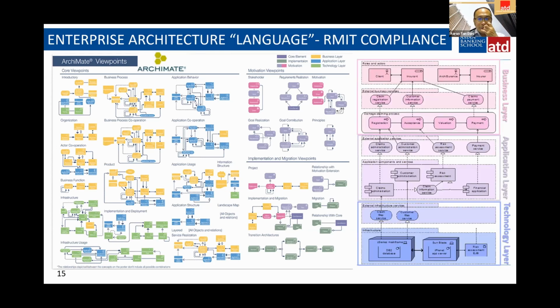Okay, so with that we can connect business, application, and technology nicely and neatly, right? This is what we need to have to understand the impact of any changes or transformation that we have. And of course, this will support the RMiT compliance, a no-brainer. You have this, you can almost automatically comply, because I've read it a couple of times, and I look at it, wow, this is what the organization needs.